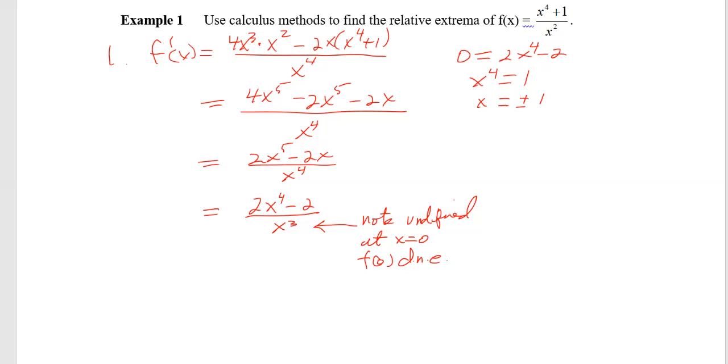It's also undefined, so we don't need to examine that particular point. However, when the derivative fails to exist there and the function fails to exist, we do recall that that might be a vertical asymptote. In fact, it is a vertical asymptote.